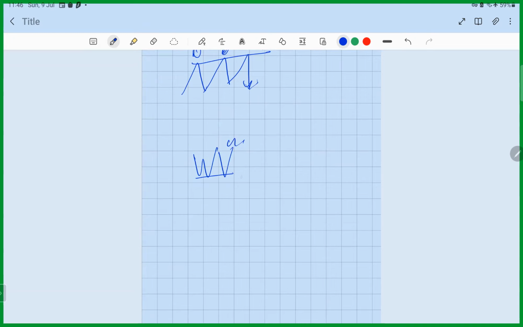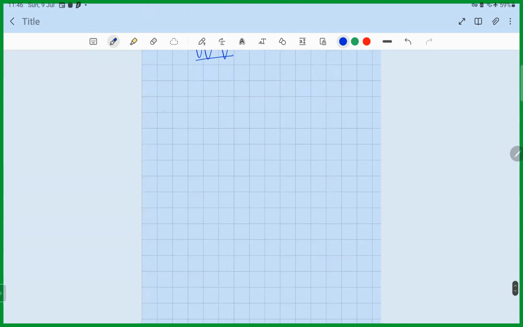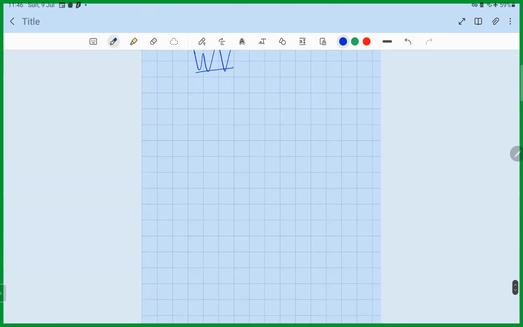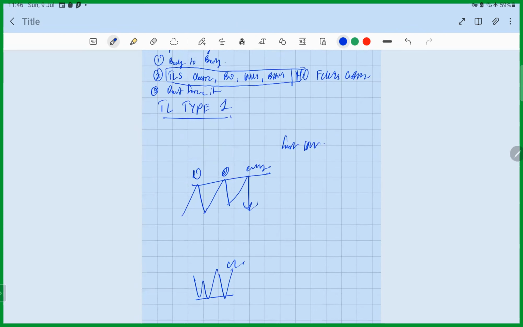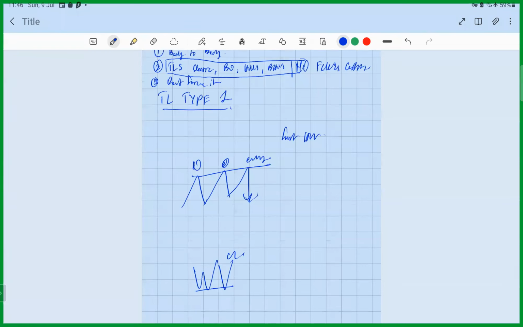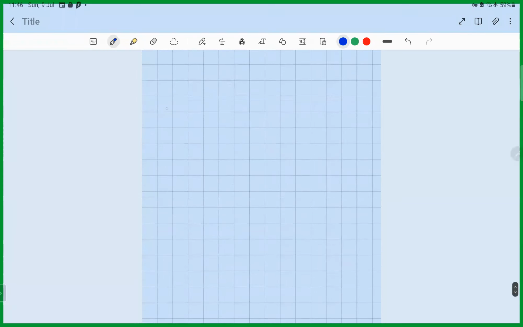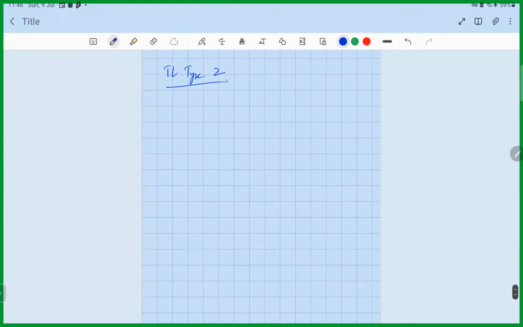Right. So we have trend line type 2. I'll count until 5. Write it down. 1, 2, 3, 4, 5. I assume everyone has used their digits to write it down on a piece of paper. TL type 2 is just your regular breakout trend line.